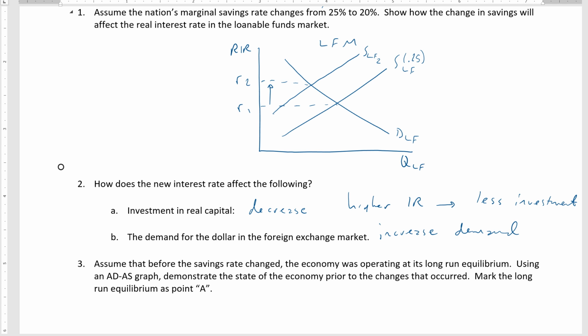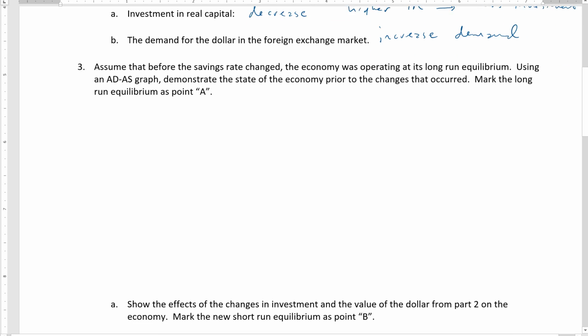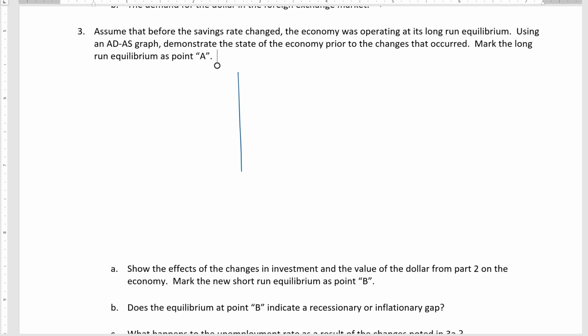All right, part 3. Assume that before the savings rate changed, the economy was operating at its long-run equilibrium. Using an ADAS graph, demonstrate the state of the economy prior to the changes that occurred. Mark the long-run equilibrium as point A. All right, so ADAS graph, got price level on the y-axis, real GDP is on the x-axis.